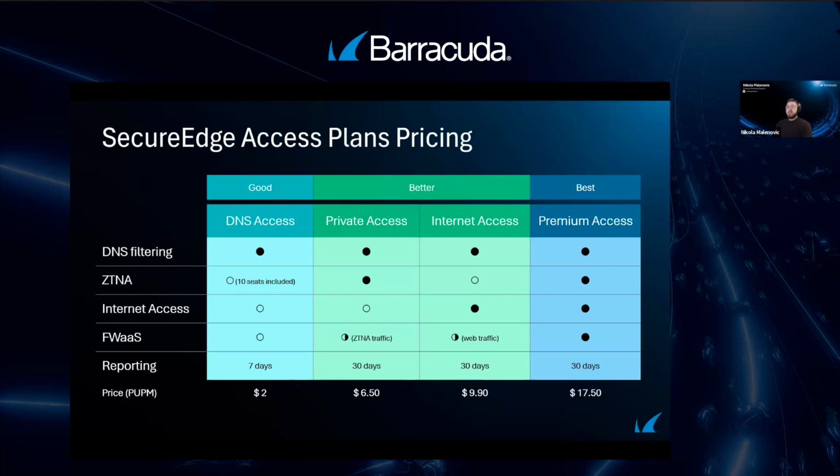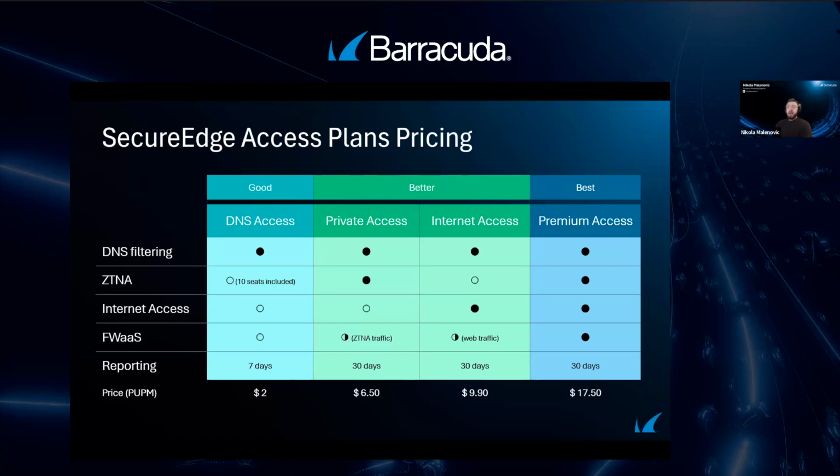So that's the big advantage with this licensing model, is that you never lose a feature as you move from a lower tier access plan to a higher tier access plan. And also with private access, you get 30 days of retention period for reporting and logs.